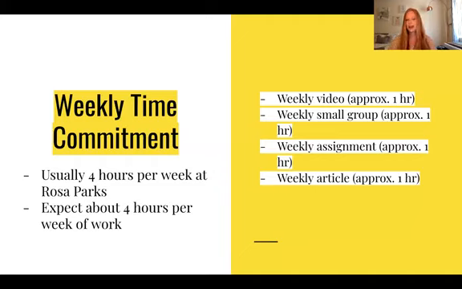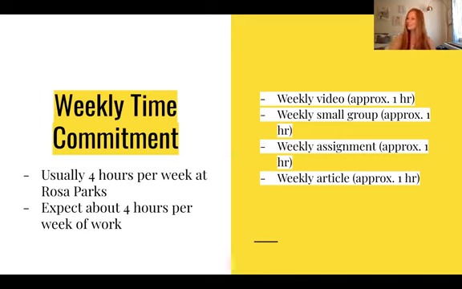And so for this lab, we want to also expect about 4 hours of work per week. So be prepared for that. It might take a little bit less, might take a little bit more, but that's what we are approximating. So what are you going to be doing per week? Well, you're going to be watching a video similar to this one, which we have approximated about an hour per week.